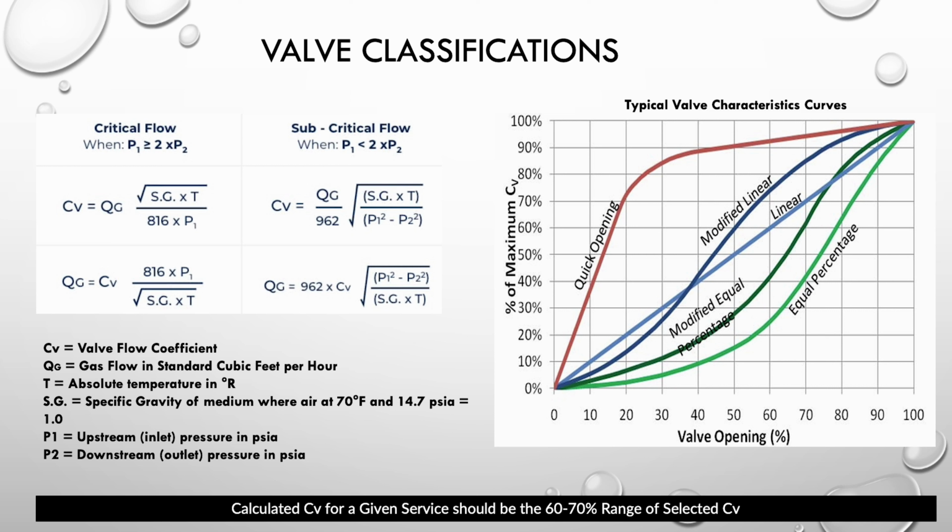If it's 100% open, then you have full flow for that CV. Now, what's happening between 0 and 100% depends on what you're trying to do in the process, and that is going to dictate what you choose from what we discussed in the previous slide.